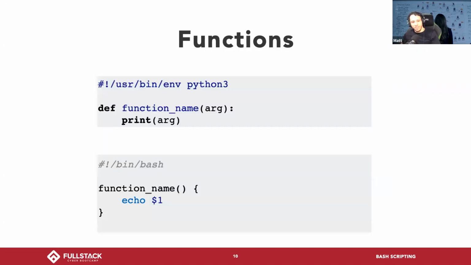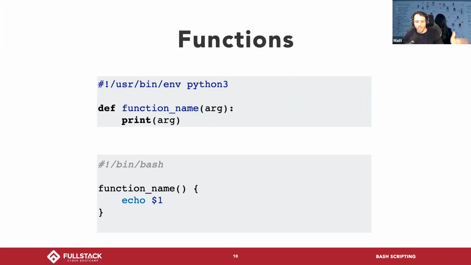Okay. Functions. You are, at least for this class, not going to be required to write any kind of functions in Bash. But I do want to show you what they look like, and I'll show you some scripts I have that have functions in them. In Python, at the top, we have that def keyword, and you give it your function name, whatever you want to call it, and parentheses and colon, and then write your function code inside there. In Bash, it's a little bit simpler.